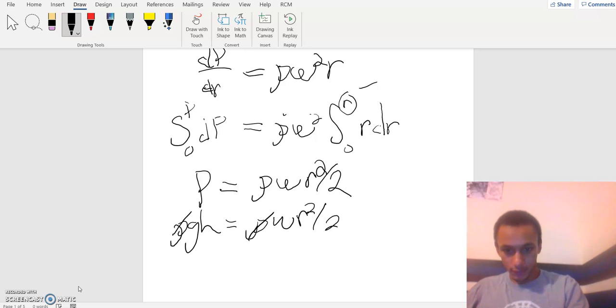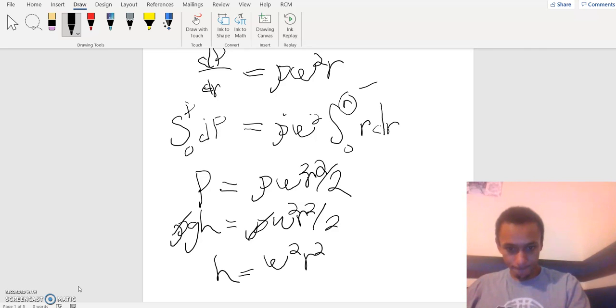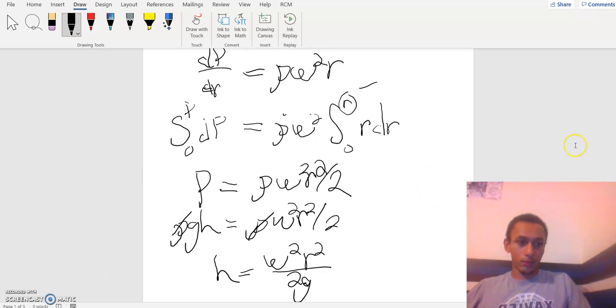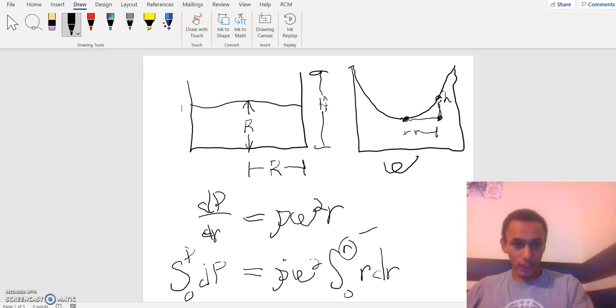So cancel. And we get the height is equal to, squared, not squared. So we have found this height here from a certain point up.